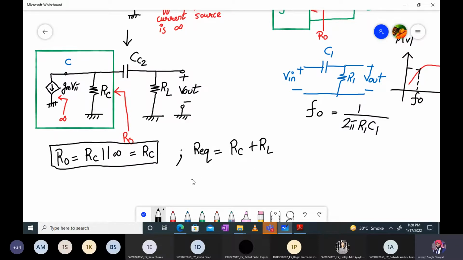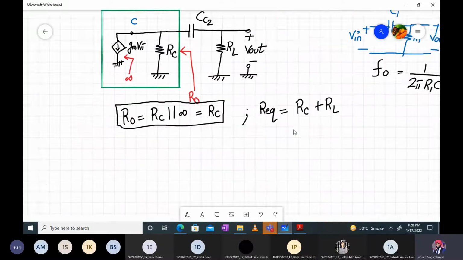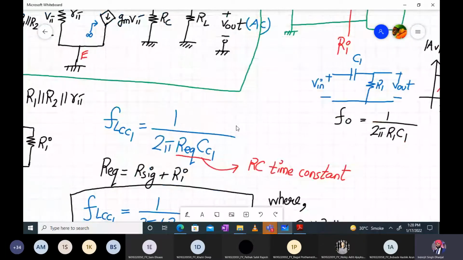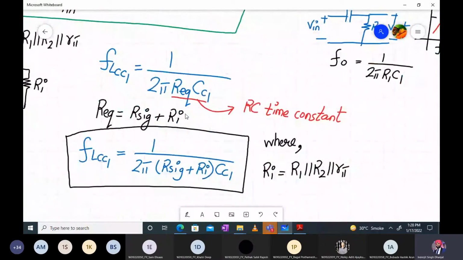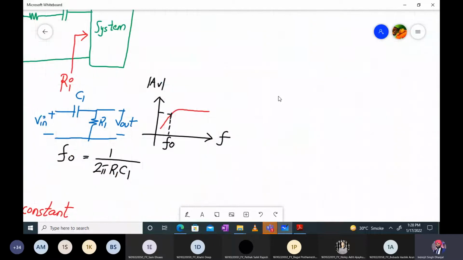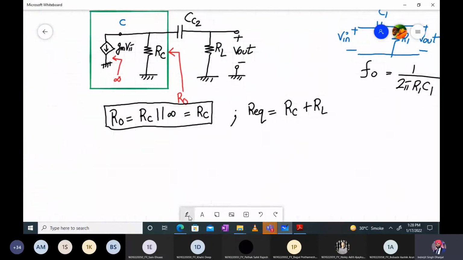And like last time, where we calculated the equivalent resistance, right? Let me show it to you. Yeah, we have calculated the equivalent resistance. So what will be the time constant now? FL of CC2 is 1 upon 2 pi R equivalent into CC2 now, instead of CC1. So now we can write it down over here.